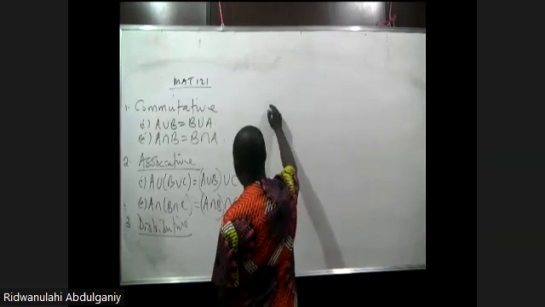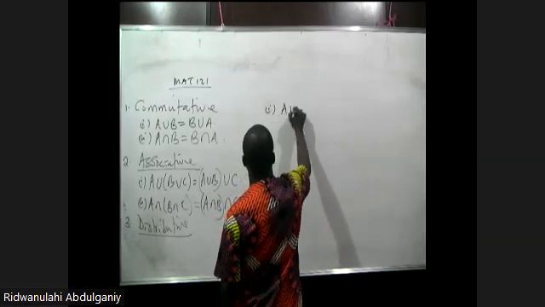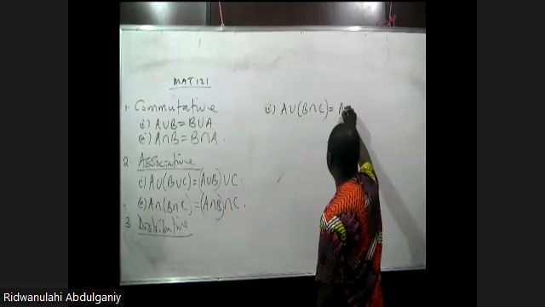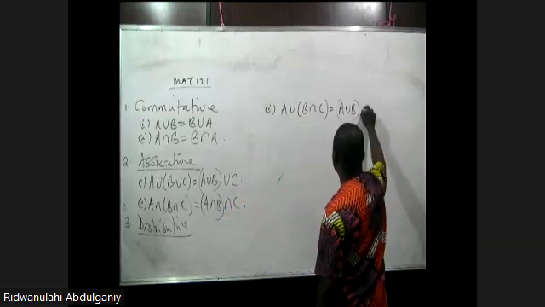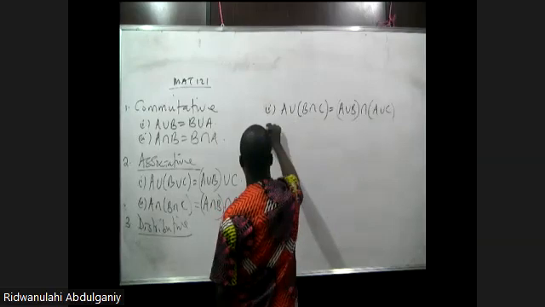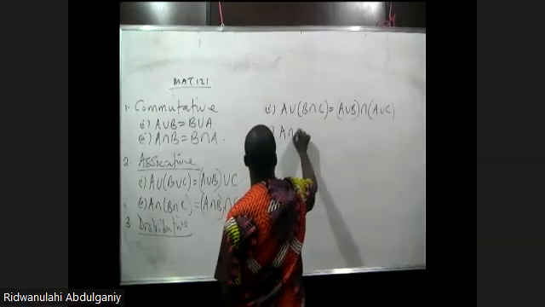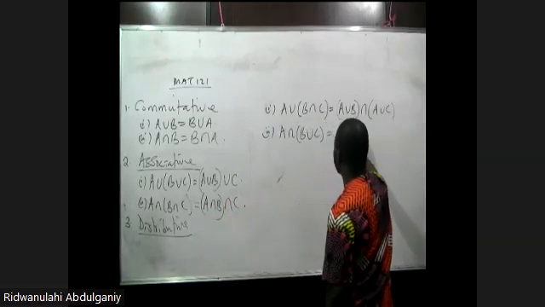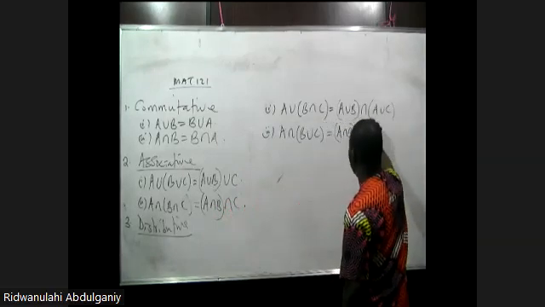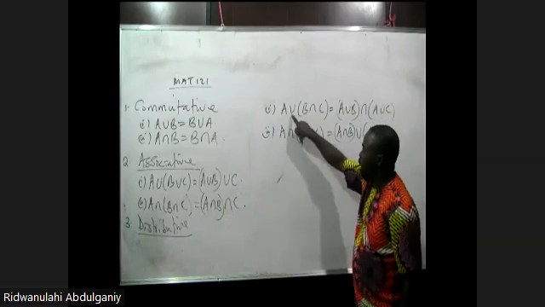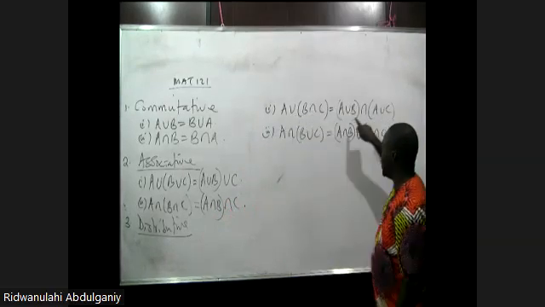Three. Roman figure 1. A union B intersection C is A union B intersection A union C. Roman figure 2. A intersection B union C is A intersection B union A intersection C. Now look at this. Here union distributes over intersection.